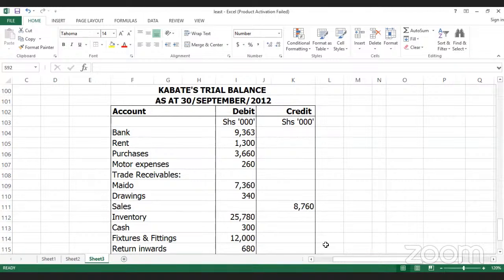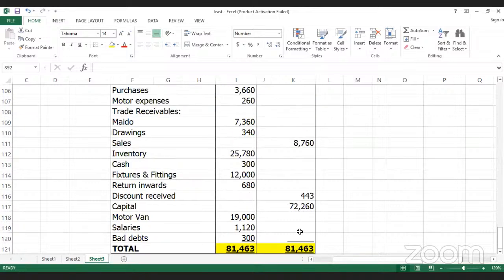So that is your trial balance. Yeah, thanks, sir. I've got it. The totals have to be the same as we can see. If the totals are the same, then of course this will prove that there are no errors so far. But of course, sometimes the trial balance can balance when there are some errors.